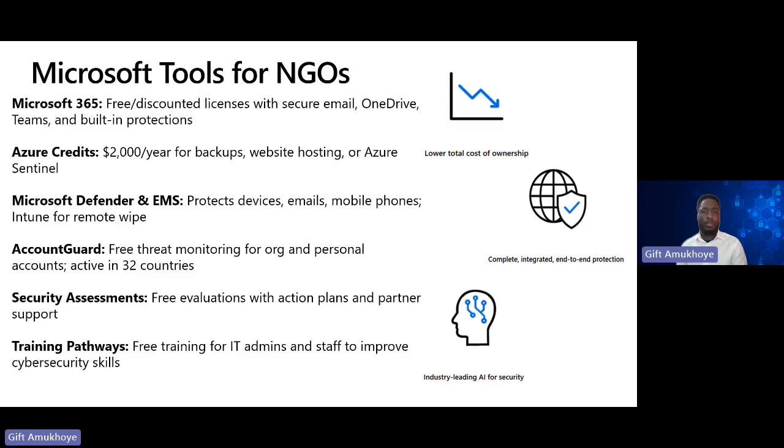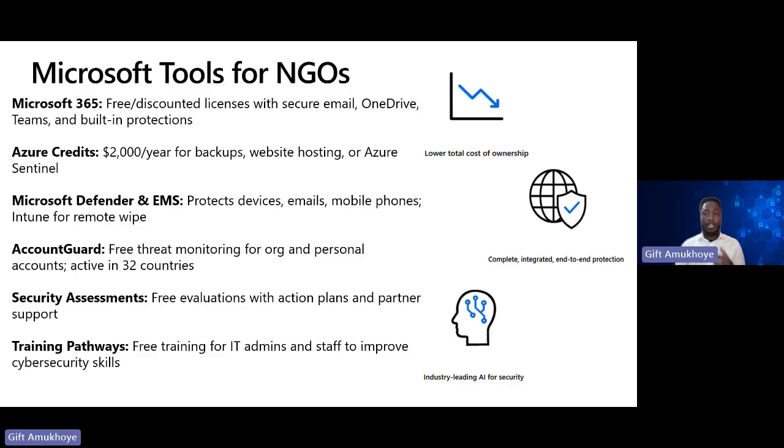So now, the last tool that I would also like to mention is training and pathways. Whether you're an IT admin or a staff member with no tech background, Microsoft provides curated trainings to help you stay safe online. Admins are able to access the security skilling hub and also the Microsoft 365 security toolkit that is available online.